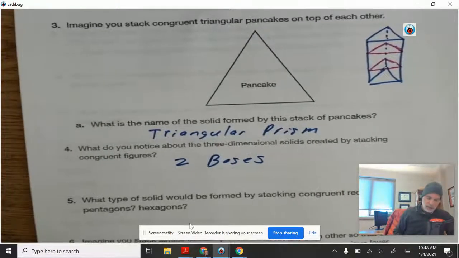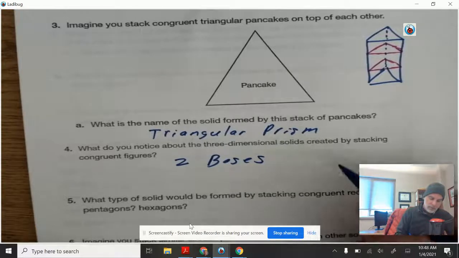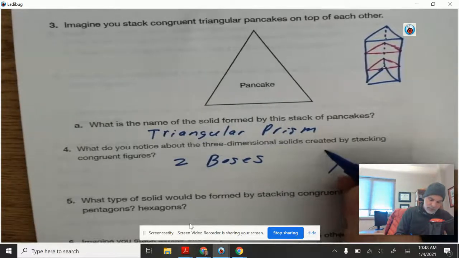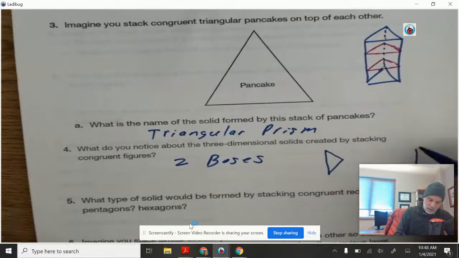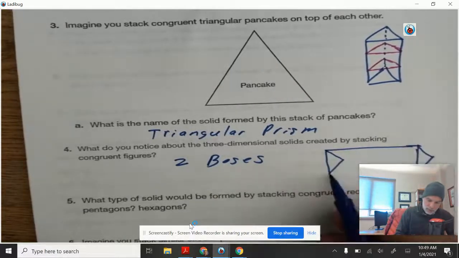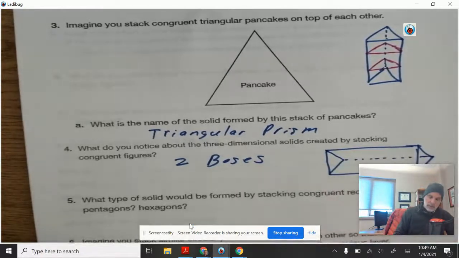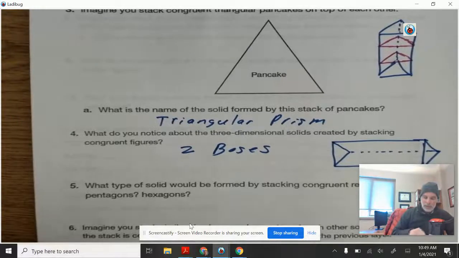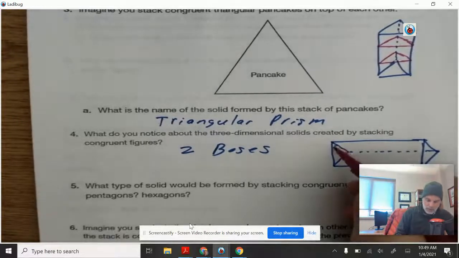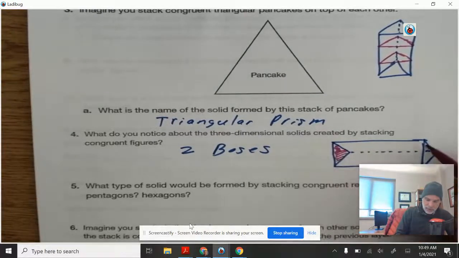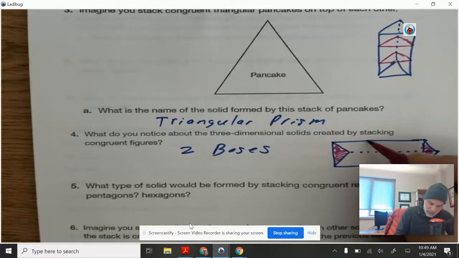One of the things that gets a little bit difficult for students to understand is, what if we had a diagram that looked like this and we stacked it this way? What do we consider the bases right here? We're going to talk about this again in a minute, but these two are what is being stacked consistently all the way through here.